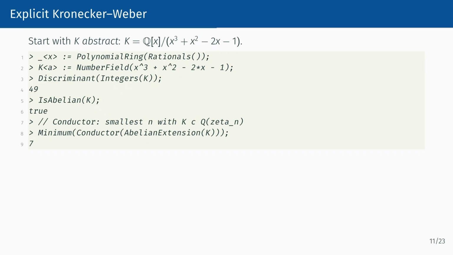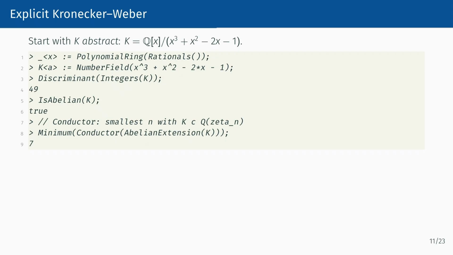And you have to tweak the Magma code a little bit. So at the moment you have a field, you want to make it into a structure known as an abelian extension. The point is that you can define an abelian extension without actually specifying a unique polynomial that defines the number field, and do all the computations in the number field and vice versa.